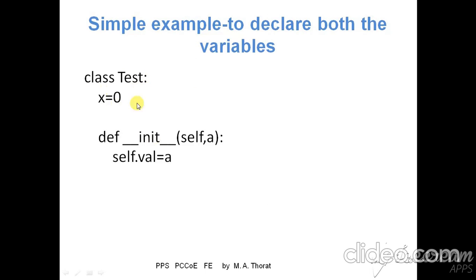So what is exactly class variable and object variable? In this example you can see one class Test is defined in which x equal to 0 is written, that means one variable is declared. Then one function is defined which is init. In the init method the self argument which is the default argument, and then one more parameter is passed, and that value will be assigned to self.val equal to a.